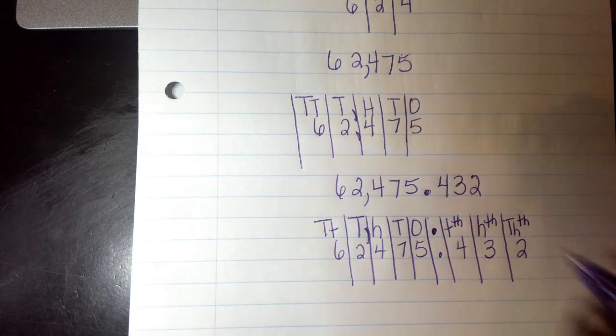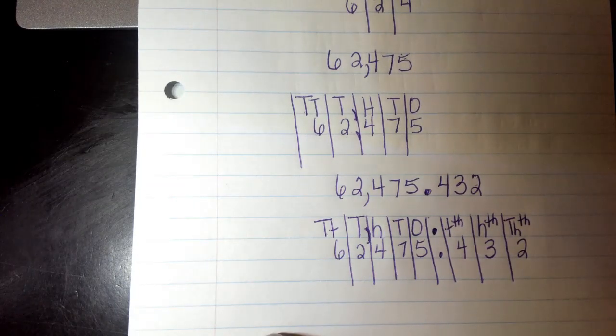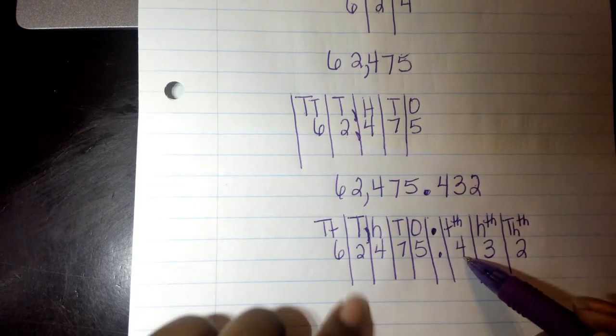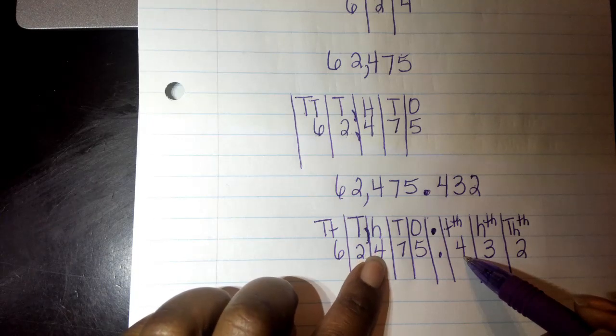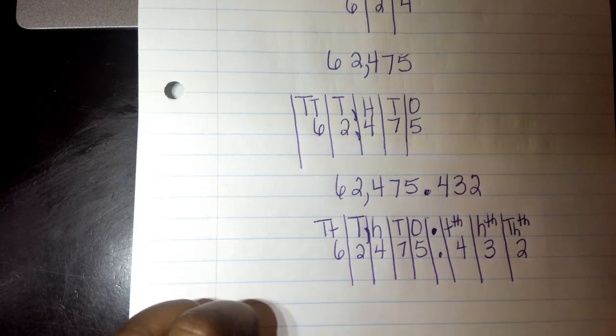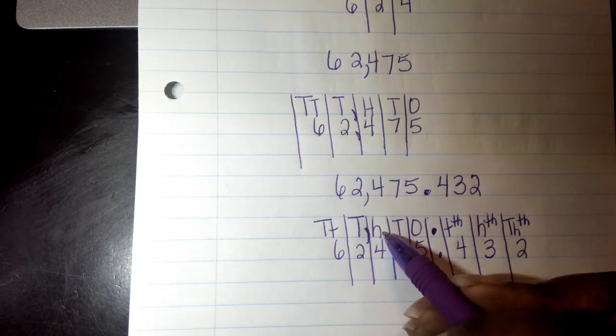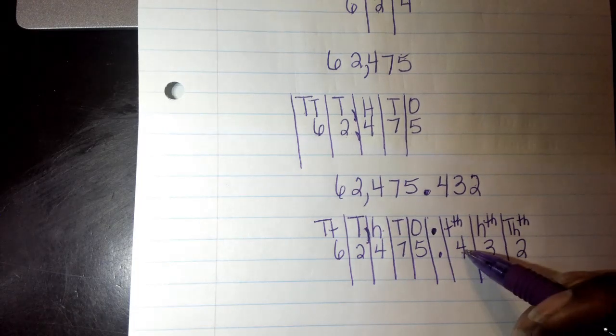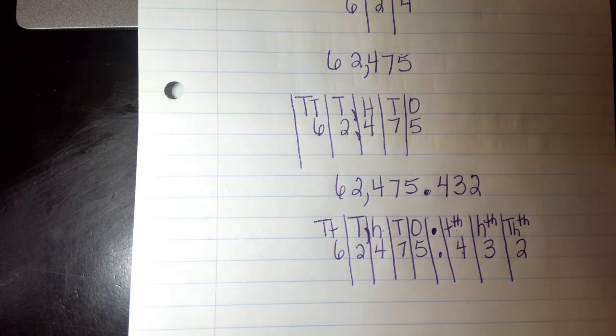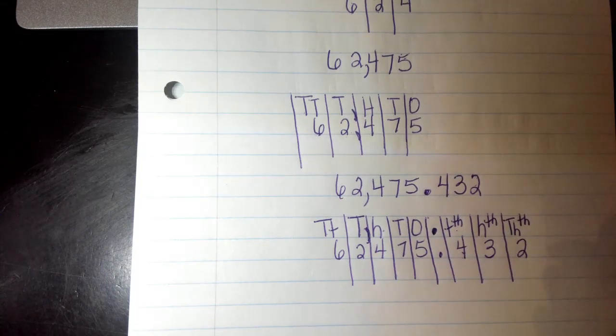All right, so when you are asked the value of a number, this 4 and this 4 have a different value. The digit is the same, they're both 4s, but their value is different. This 4 is 400. This 4 is 4 tenths. Okay? That is why it's important. We need to know the value of our numbers, where they sit in the numbers.